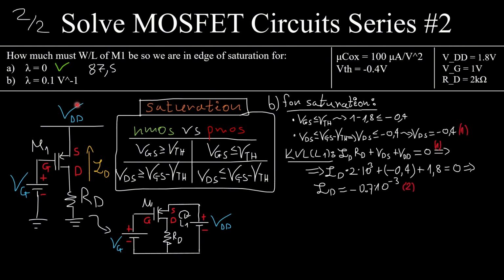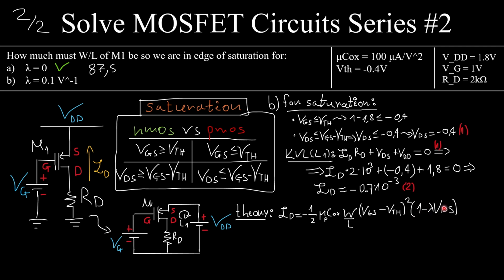Now for the case where we have channel length modulation, we do pretty much the same analysis over here up until the KVL. Nothing real changes over here. The only thing that changes when we have channel length modulation is the current equation from theory. It's pretty much the same, but we also add this term here, 1 minus lambda VDS.